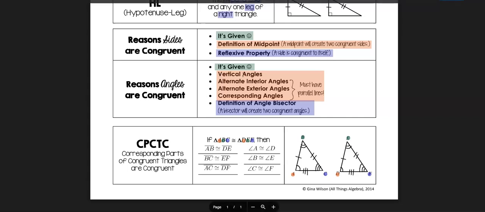And then, of course, we have our vertical angles, which are angles across the intersection from two crossing lines. Alternate interior angles, alternate exterior angles, and corresponding angles. Now, it is important that they tell us that two lines are parallel in order for us to use any of these. So let's give it a shot and do some practice.